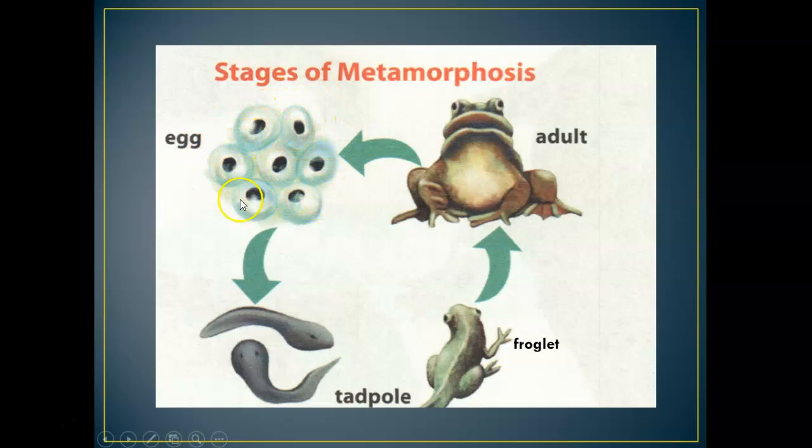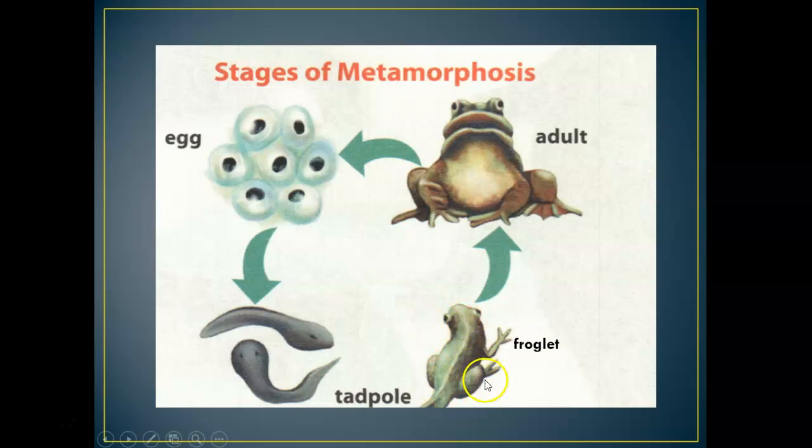Then the eggs hatch into what we call tadpoles. Now, does that tadpole look anything like its mama? No, it doesn't. But as the tadpole begins to grow, maybe when it's a teenager, it becomes a froglet. And if you watch, this froglet has a long tail.